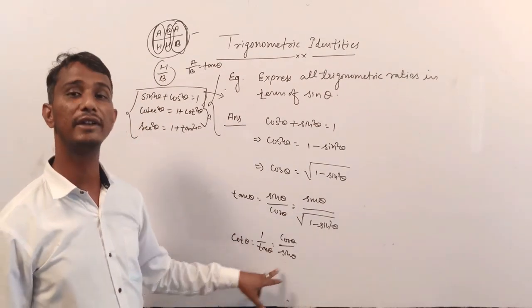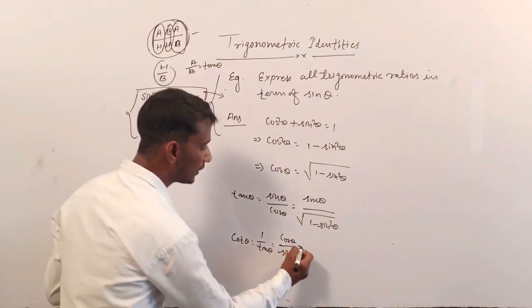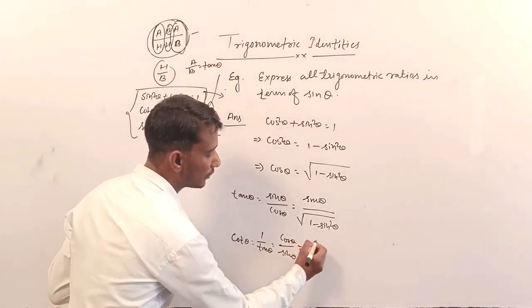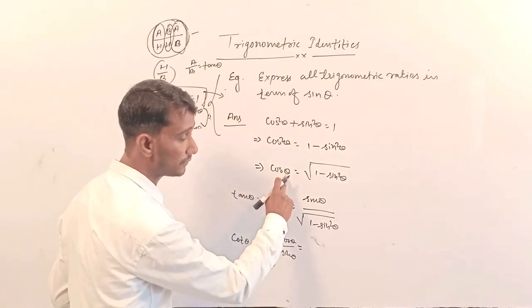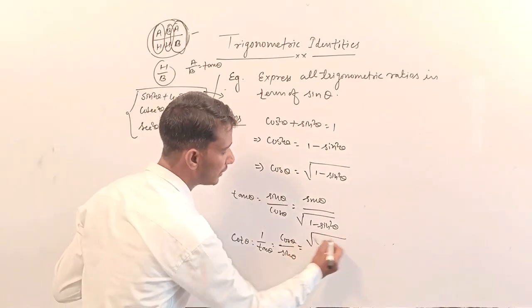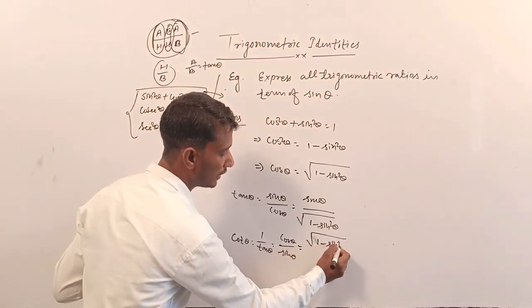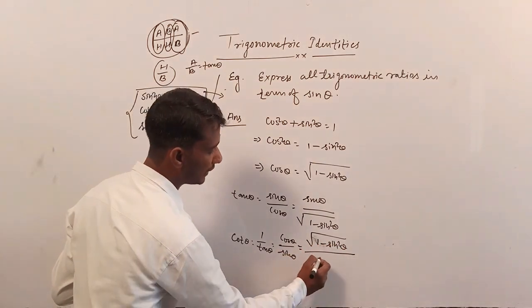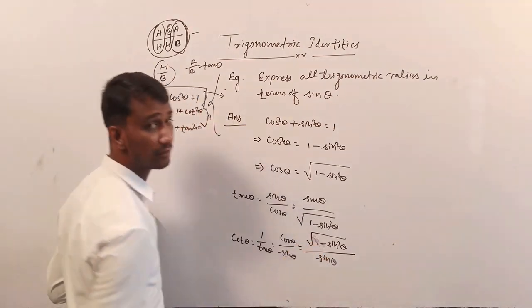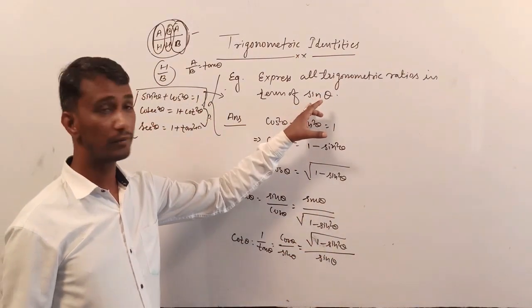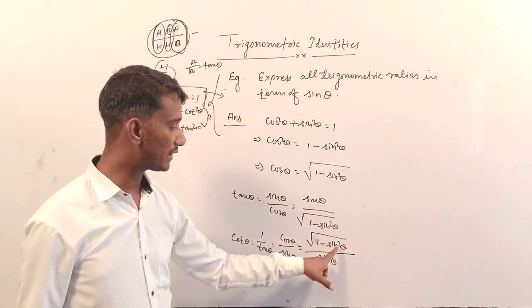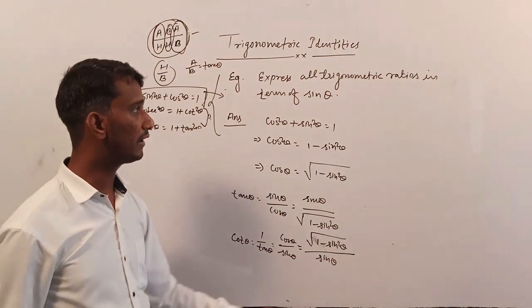In both ways, you can get the solution easily. Now I am taking cos, so we put the value of cos from this. What we get? Under root 1 minus sin square theta upon sin theta, which remains the same. So we represent cot in terms of sin as root 1 minus sin square theta upon sin theta.